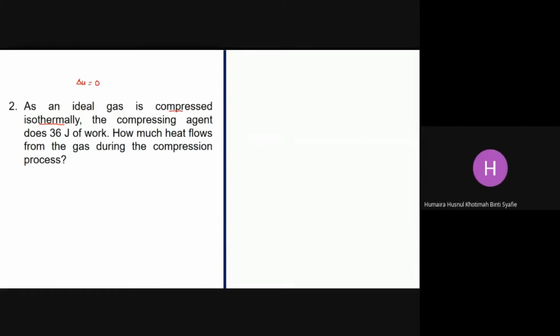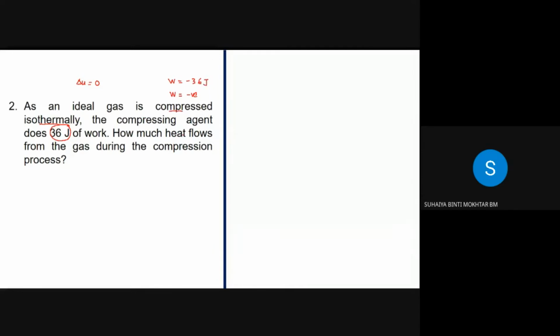Isothermal. Then compress. Kalau compress, work done should be positive or negative? Negative. Okay. 36 joule work. Okay, so 36 joule ni should be negative. Why negative? Compress. So negative 36 joule.